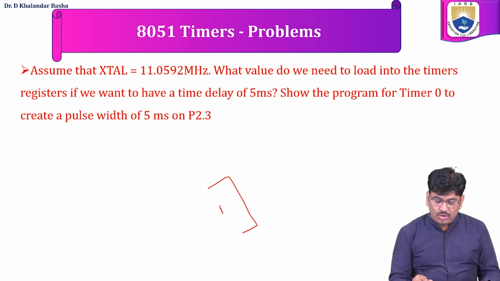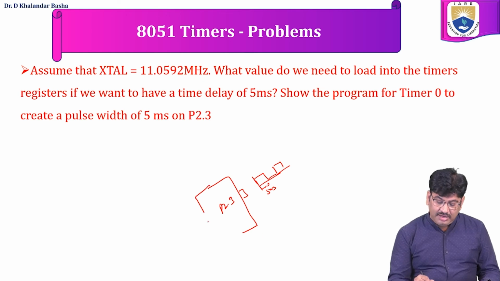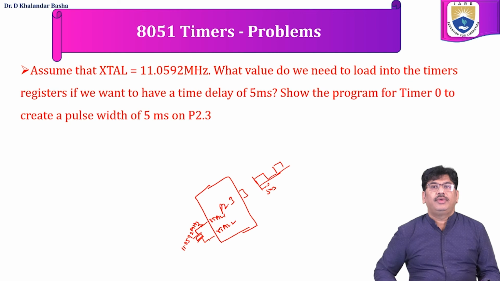So on port 2.3, we are going to generate a pulse with a time period of 5 milliseconds. Right? And this is provided with XTAL1 and XTAL2 with a crystal oscillator for generating a frequency of 11.0592 MHz.